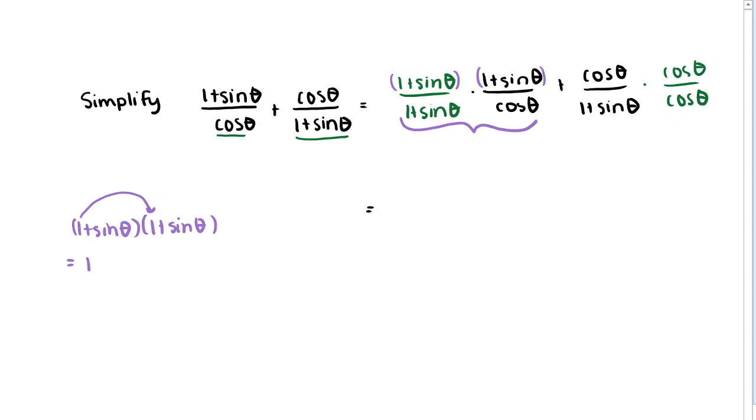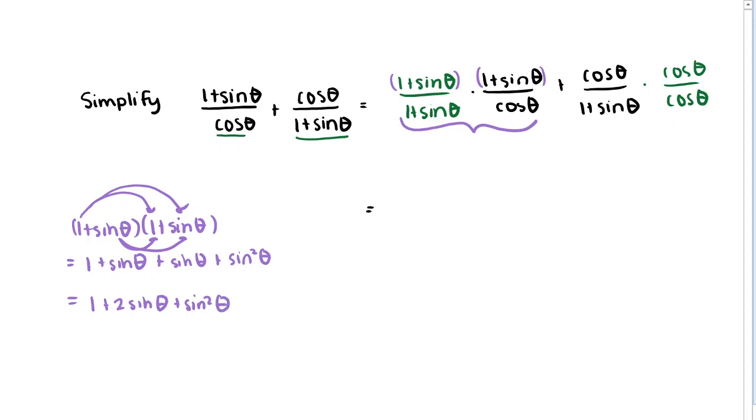So I get 1 plus sine of theta plus sine of theta plus sine of theta times sine of theta. That's squaring this sine of theta, and we usually express that as sine squared of theta. This means compute sine of theta and then square that result. And so this comes out to be 1 plus 2 sine of theta plus sine squared of theta.